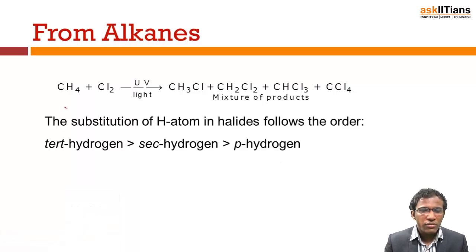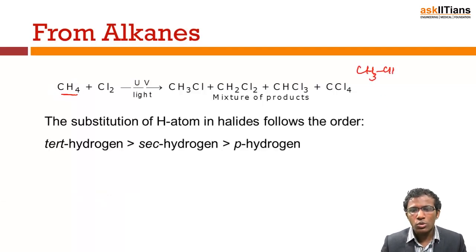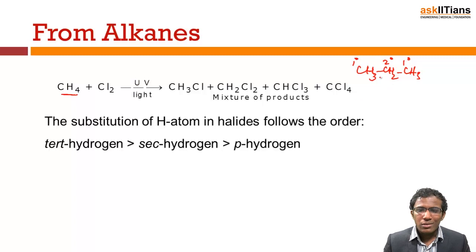If I take this compound, CH3CH2CH3, all hydrogens are not attached to the same kind of carbon. These two are primary carbons, but this is a secondary carbon. This reaction is actually free radical halogenation, a free radical reaction, so there is formation of a free radical.